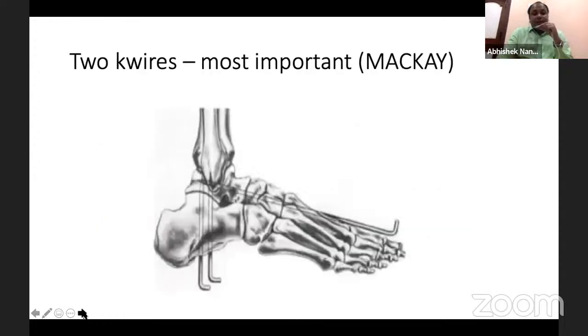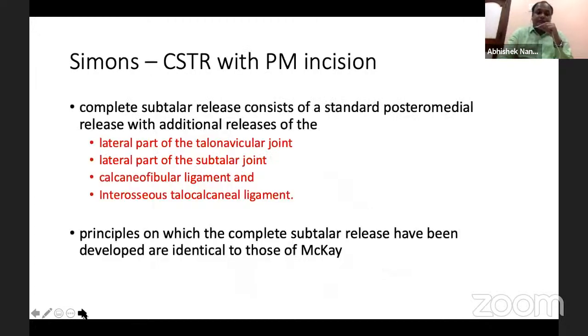Mackay again has used two K wires. According to him, this was the most important factor which maintained the reduction for his surgery. Simmons did a complete subtalar release, but with a posteromedial incision. So he released the lateral part of the talonavicular joint, the lateral part of the subtalar joint, the calcaneofibular ligament, the interosseous talocalcaneal ligament.